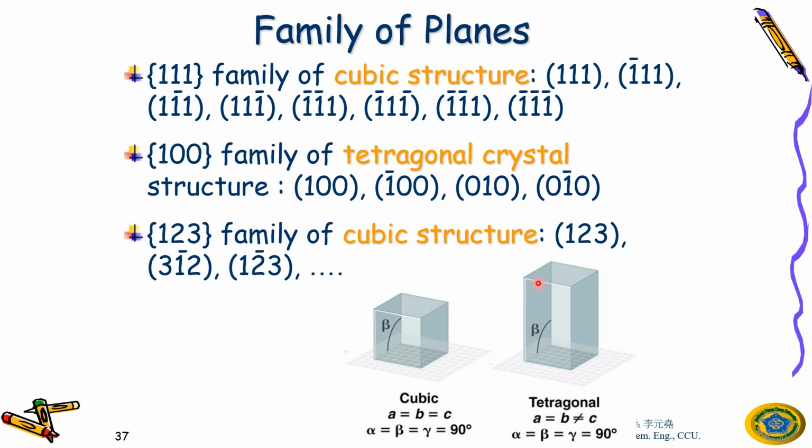But in this tetragonal structure, 100 doesn't equal this one, but equals this one. Right? So you need to be clear about the structure first, whether it is cubic or tetragonal or whatever, and then you start to know how many members are in the family for a plane.